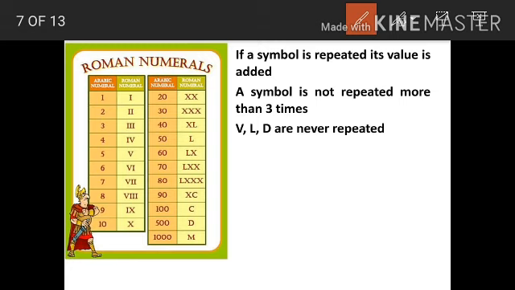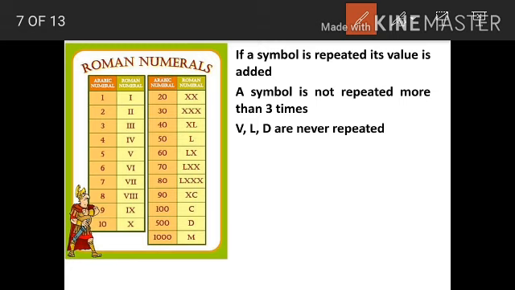Now, our second rule is that a symbol is not repeated more than 3 times. So we can say that the symbols I, X, C, M are repeated only up to 3 times.